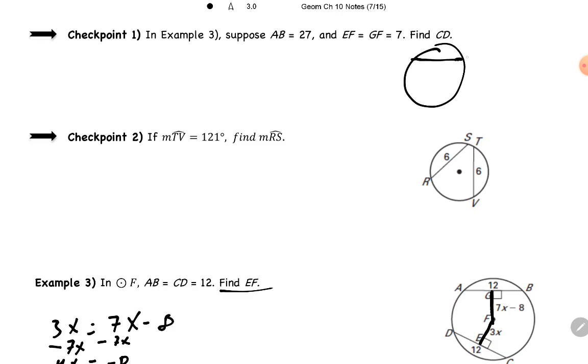They're telling you that this is 27, this piece is 7, that piece is 7, and they want to know what this piece is. Because they're both equidistant from the center, the same distance, that means the chords are congruent. So if AB is 27, then CD is also 27.